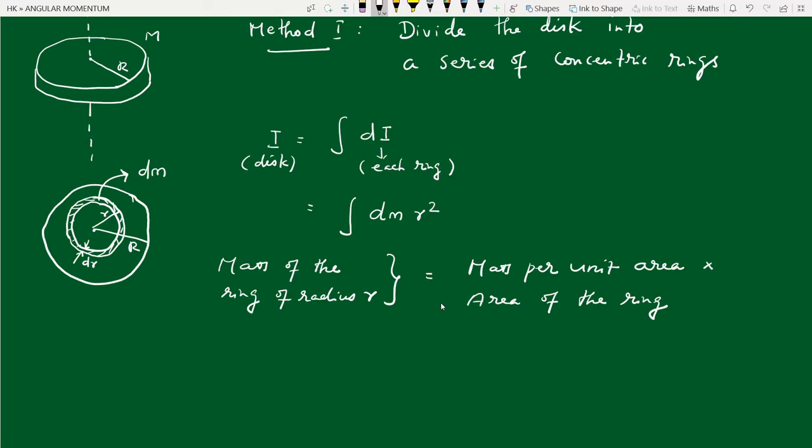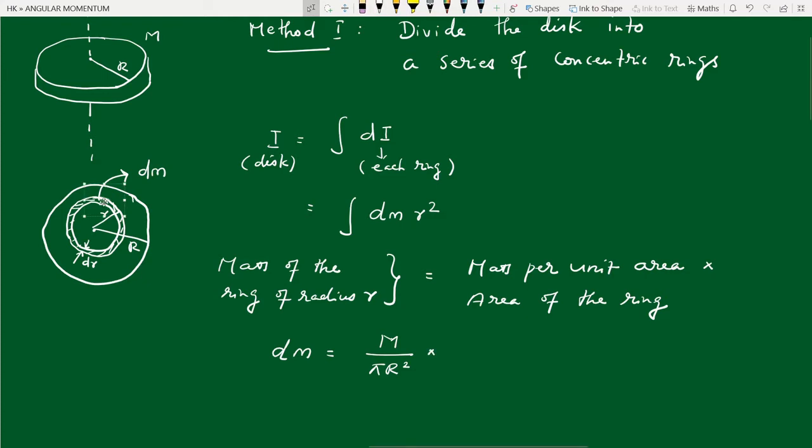Therefore we can write dm, the mass of the ring. What is mass per unit area? Total mass is capital M, total area is pi R square for the disk. So mass per unit area is M by pi R square. Here we are using the idea that mass is uniformly distributed throughout the disk, into the area of the ring. What is the area of this ring?